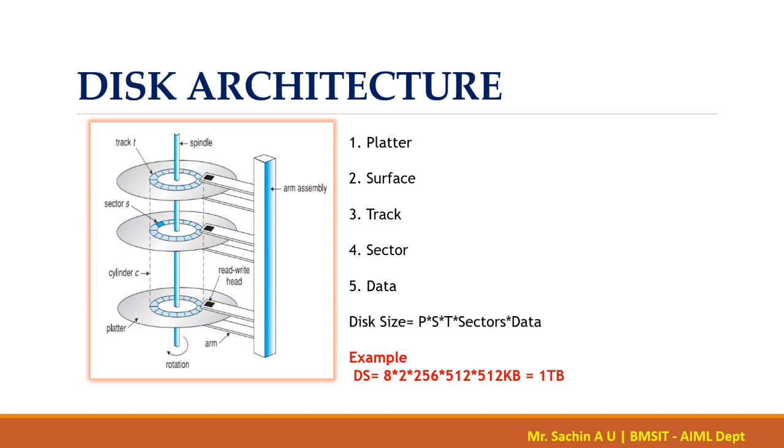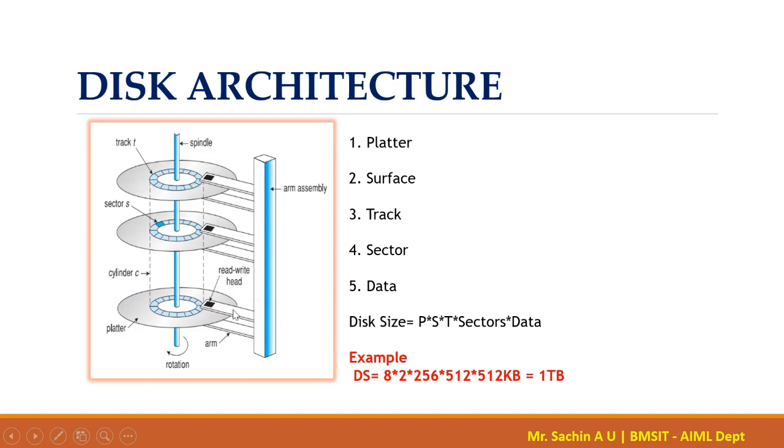But here we can make sure that disk architecture can be divided into a certain sequence. What is that sequence? First, the disk consists of N number of platters. Each platter has two surfaces, and each surface is divided into N number of tracks. Each track is divided again into sectors, and in those sectors we are actually storing the data. How do we read this data? To read this data, we have a read write head.